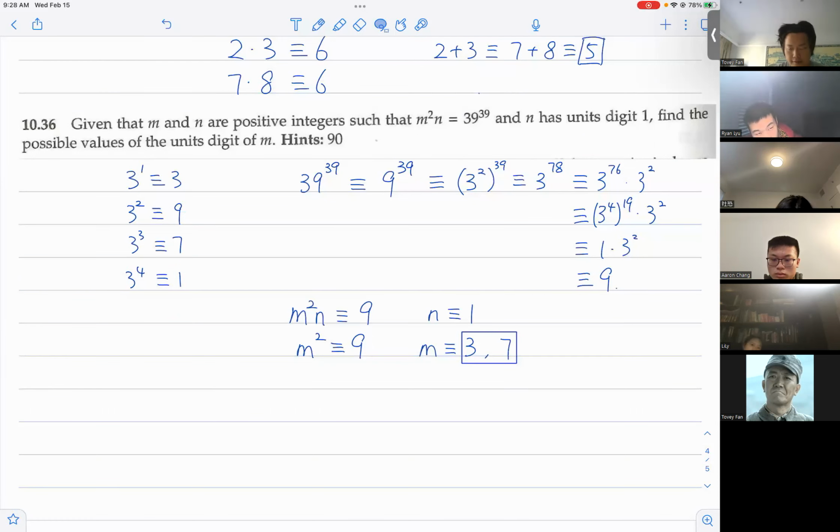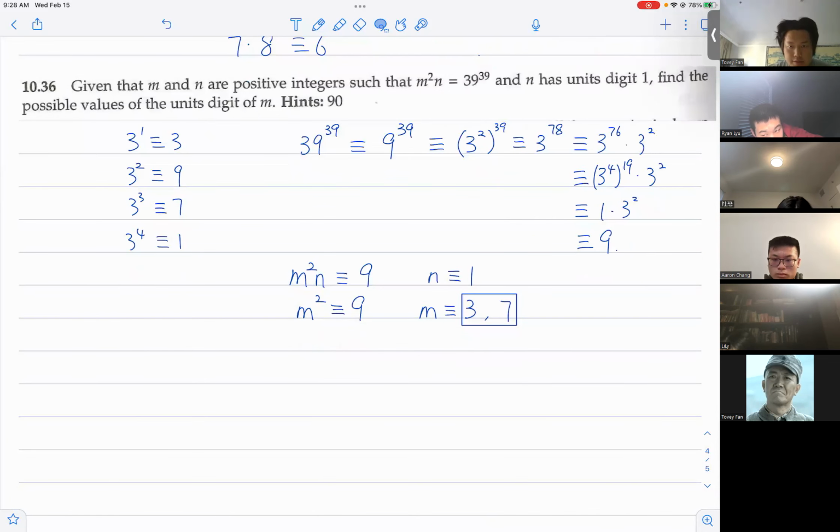Okay, good. So Lily, we only need to find out the units digit, so ignore all the other digits. Here the units digit is 9, so we just simplify to 3, and then use the pattern of 3. Of course, you can construct a table for 9, but it just takes a lot of time, because 1 times 9 is 9, 2 times 9 is 8, and then 7, and then 6, and it's going to be really long.